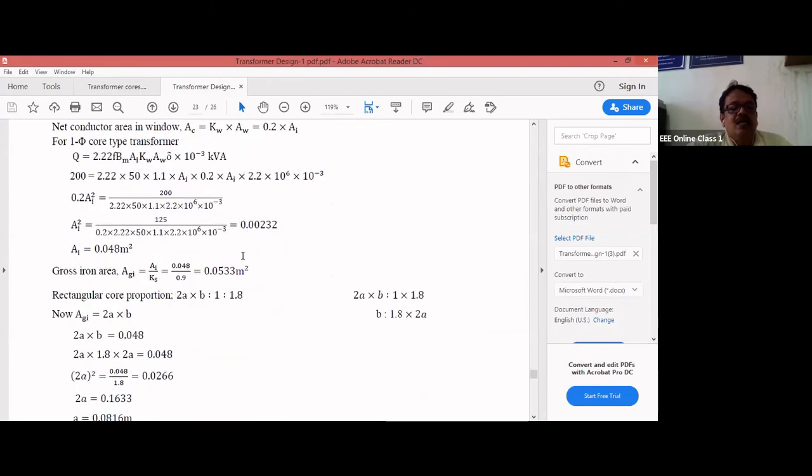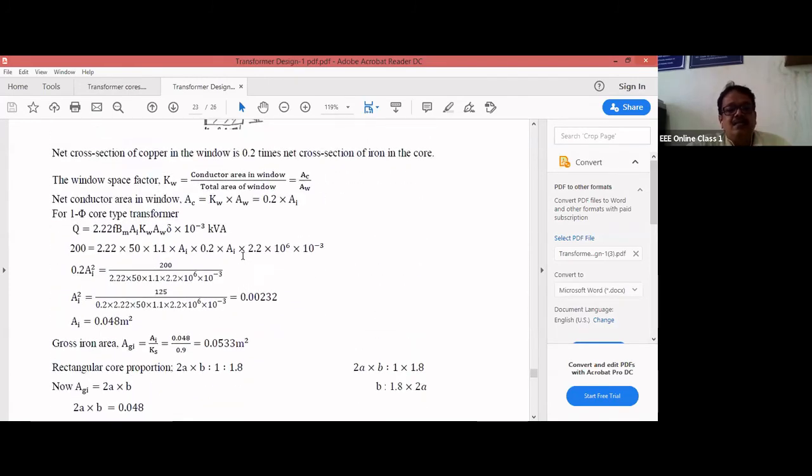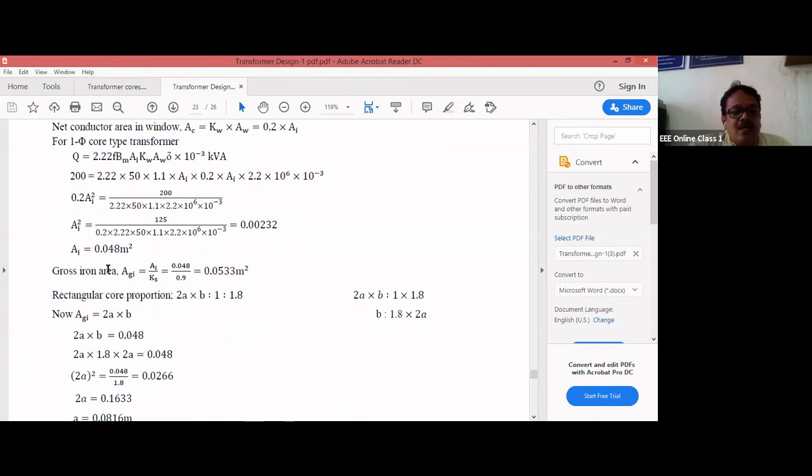So the net cross section of the iron area in the core is Ai. Next you have to calculate the gross iron area, Agi. Agi is Ai divided by Ks, 0.048 divided by the stacking factor 0.9, which gives 0.0533 meters square. This is the gross core area.